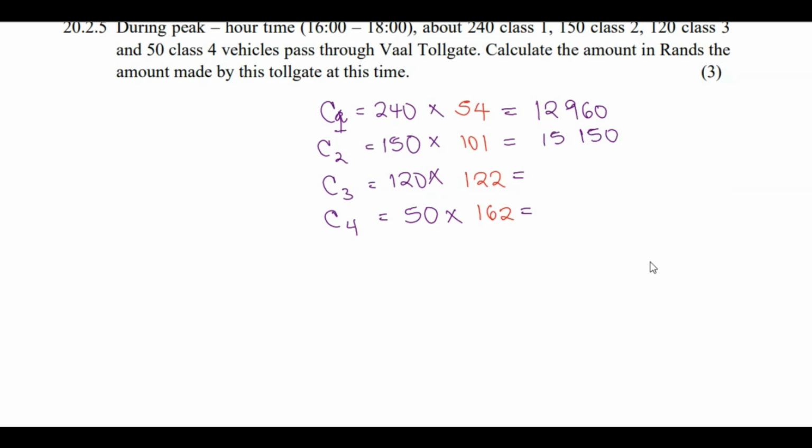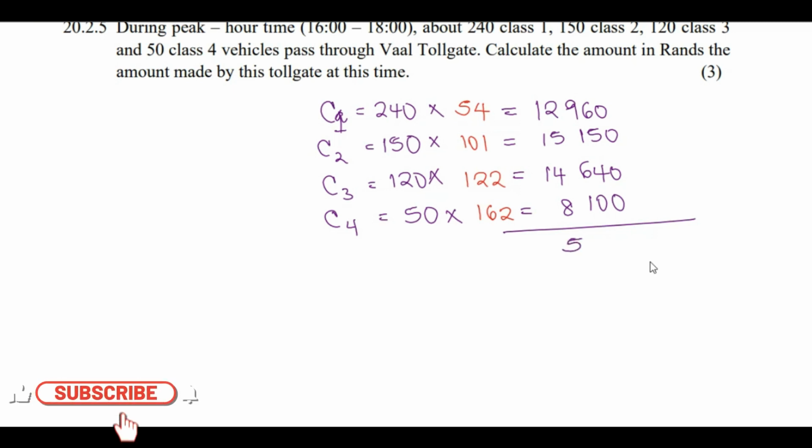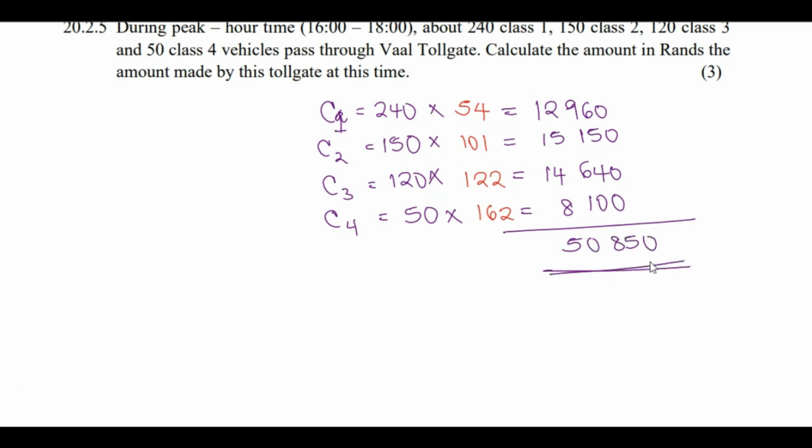Then 120 times 122, 14,640. 50 times 162. That's the money.